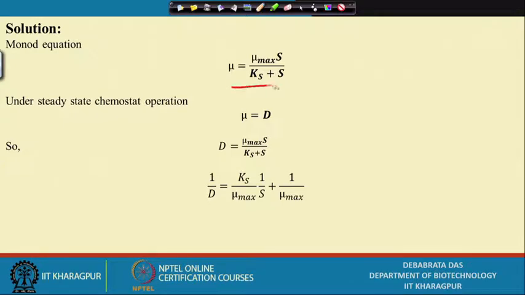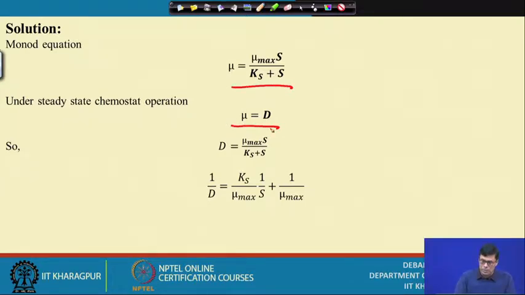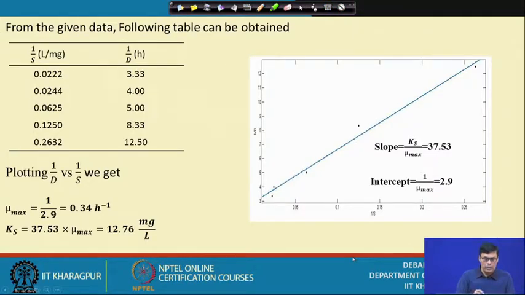This is the Monod equation that we have, and under sterile condition and steady state mu equals D, then we can write it in this form. Then we have the 1 by S value and 1 by mu value, we can take them on simple centimeter graph paper.